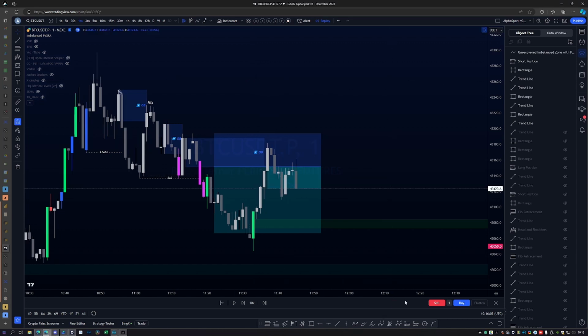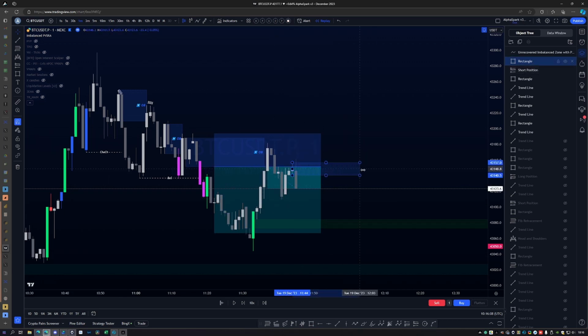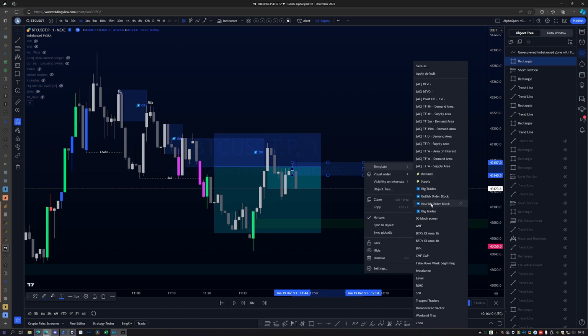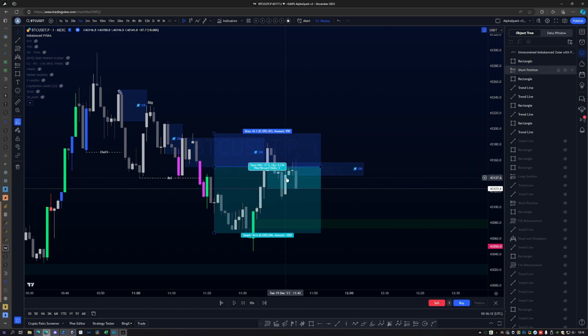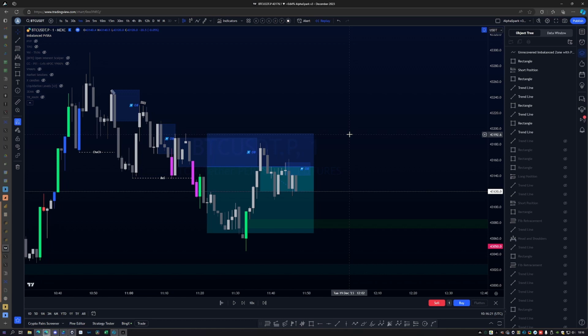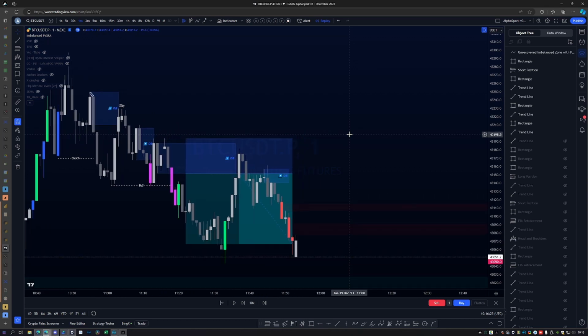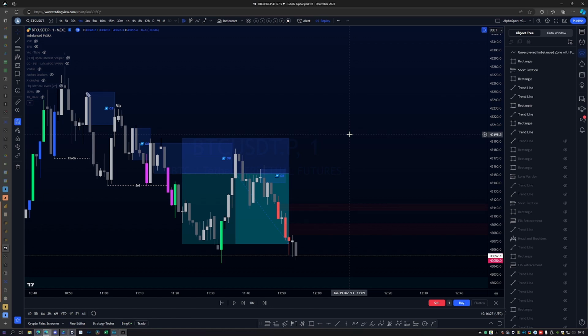Okay, so now I see another one. But we do have to break structure here for me to enter. It's the same rule: last candle, liquidity, move displacement down. Wow, that was crazy. Again, same thing.